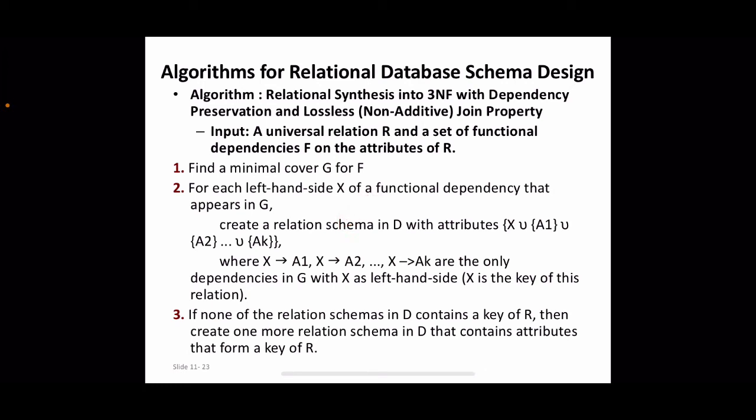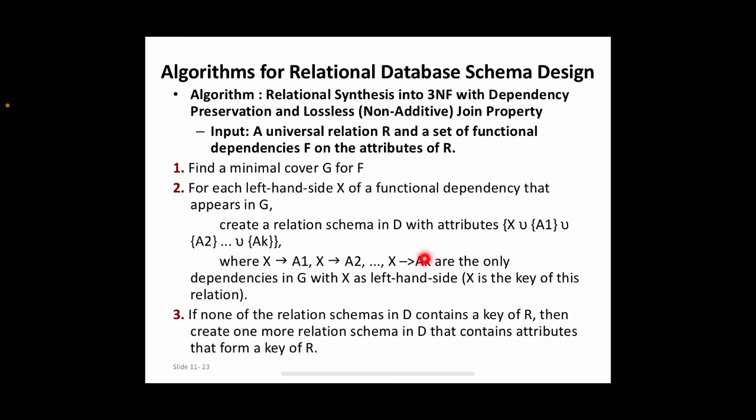Now, if none of the relation schemas in D contains a key of R, then create one more relation schema in D that contains attributes that form a key of R. After repeating step 2 for all the functional dependencies, the last thing to be checked is whether none of the relation schemas in D contains a key of R. A key will be given for R, right?